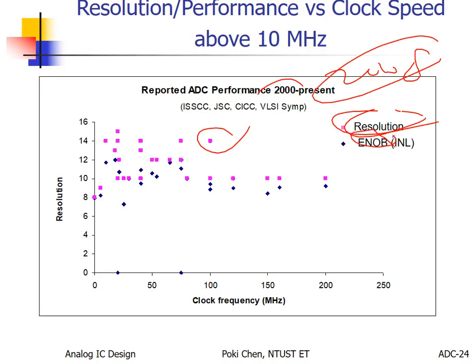You can see, wow, almost all of them are smaller than 12. Actually, there is one above 12, but sorry, it is covered by the pink squares.